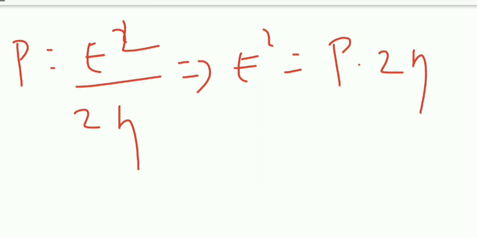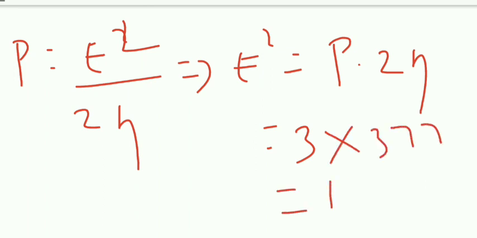So 1.5 into 2, eta is 377, so it will be equal to 1131. This is your E squared.